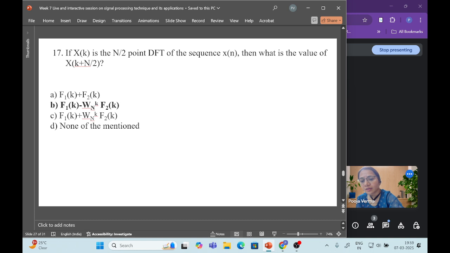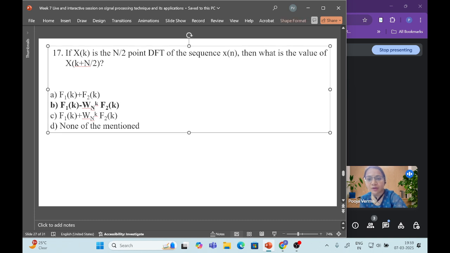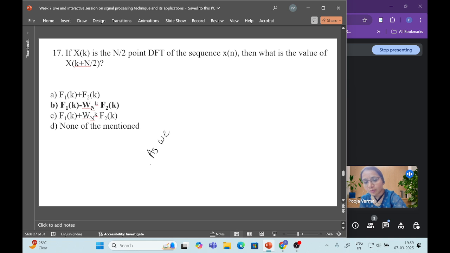As we have already proved, X(k), the DFT, is equal to F1(k) plus the phase factor times F2(k), in the even and odd parts, and F1(k) and F2(k) are periodic by N by 2.